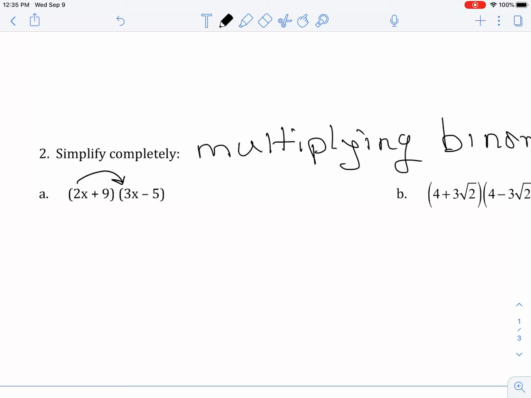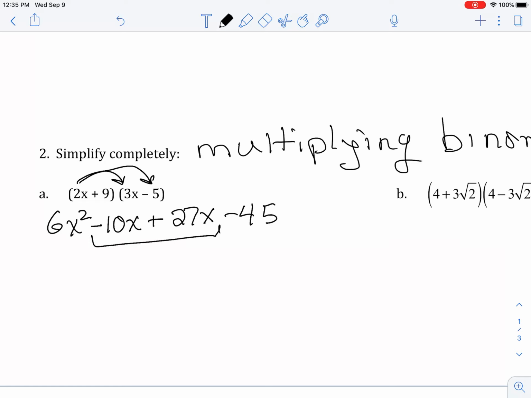So again, I'm going to remind you to either use FOIL or double distributing. 2x times 3x, 6x squared, minus 10x, plus 27x, minus 45. Combining your like terms, 6x squared plus 17x minus 45.